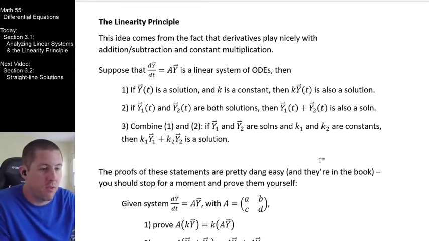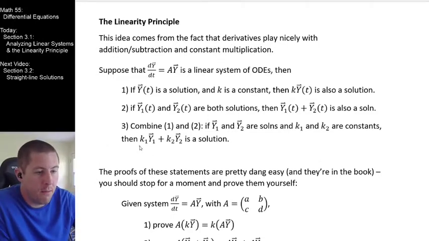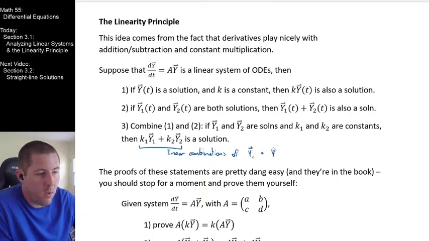So this is, in general, what we would refer to as linear combinations of y1 and y2.